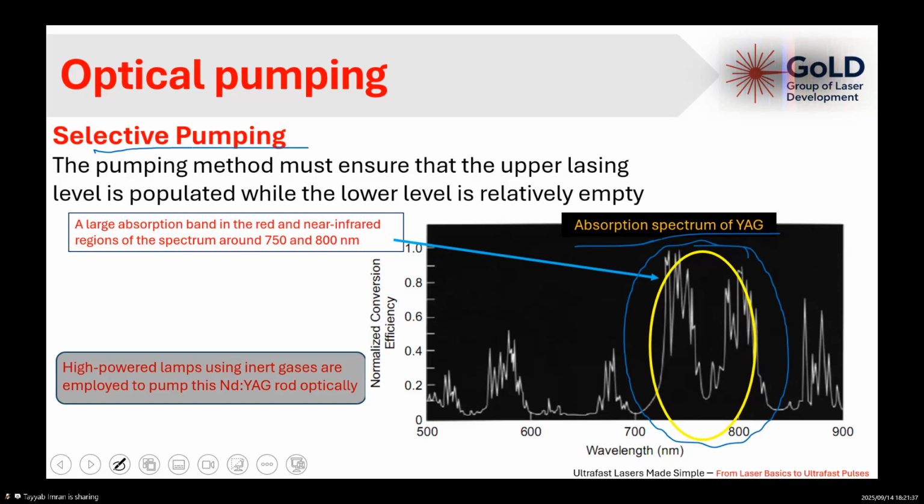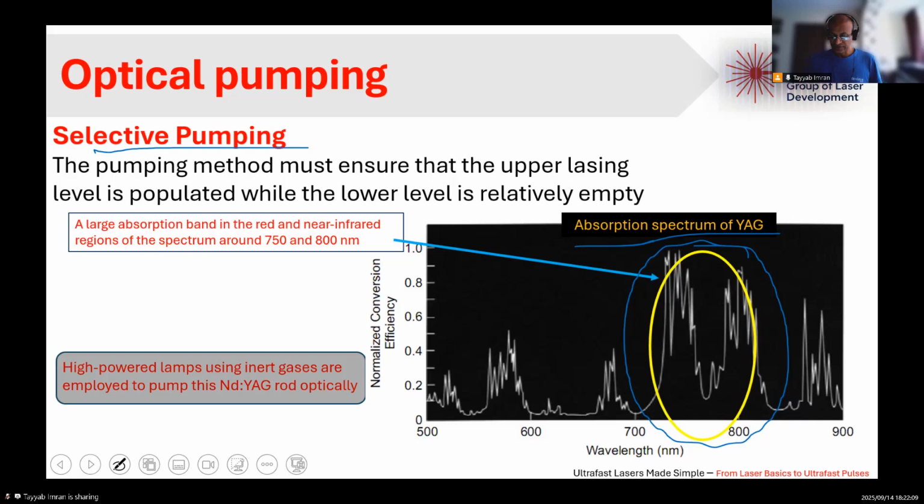Whenever scientists, even material scientists, work on making a laser medium, one thing they do is measure the absorption spectrum. With it, they understand in which region the material can absorb light, which is necessary for the pump action.